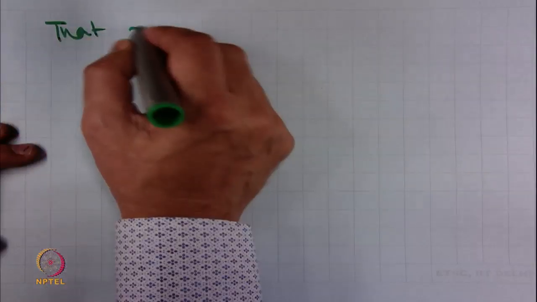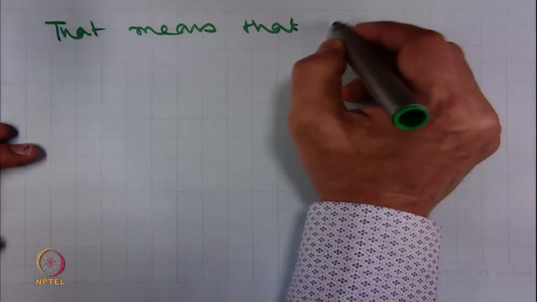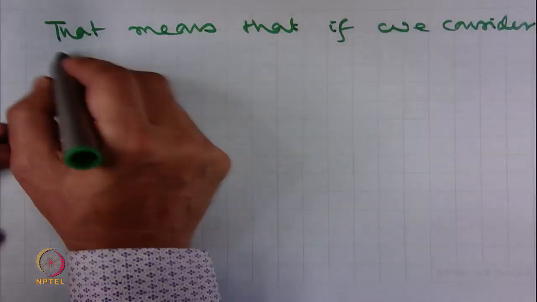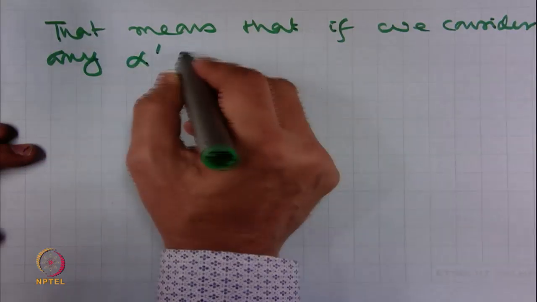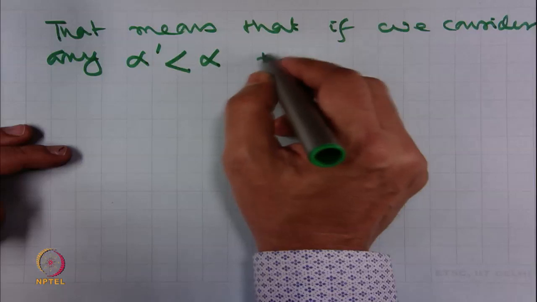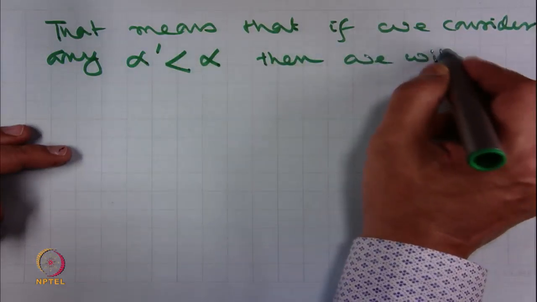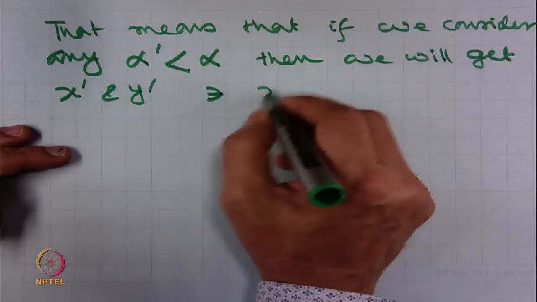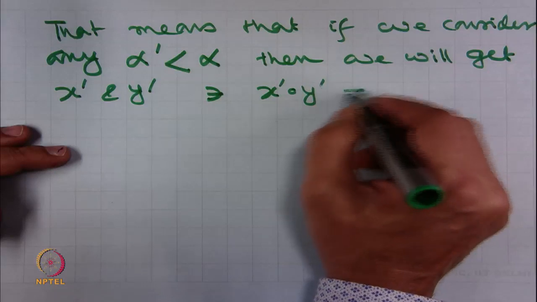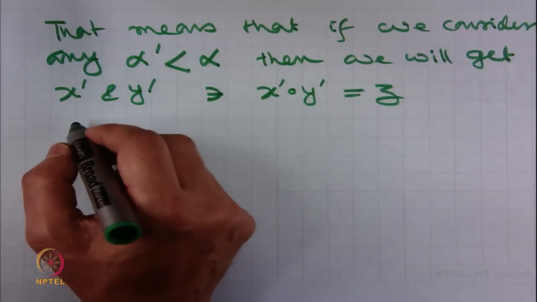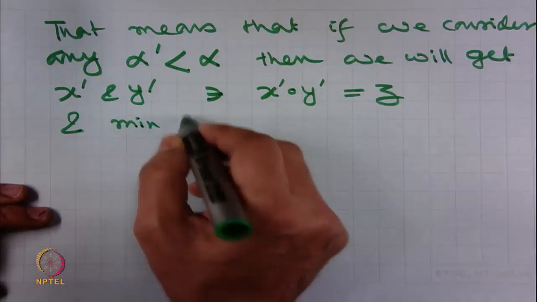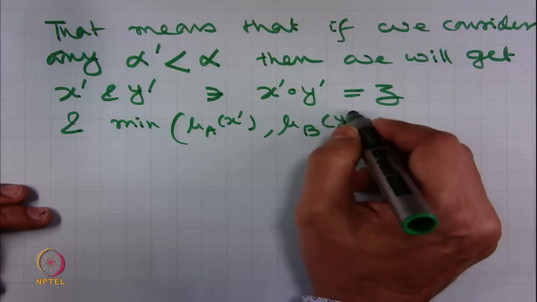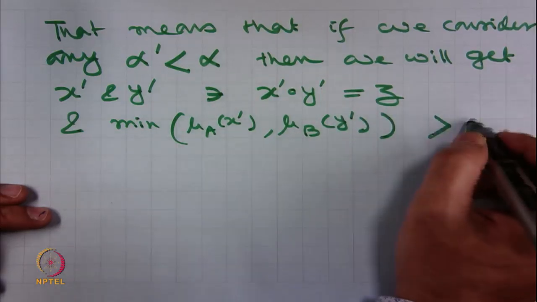That means that if we consider any alpha prime which is strictly less than alpha, then we will get x prime and y prime such that x prime * y prime is equal to z and the minimum of mu A of x prime and mu B of y prime is greater than alpha prime.